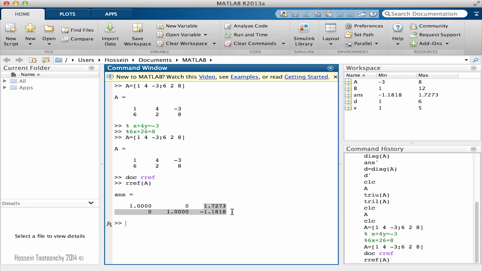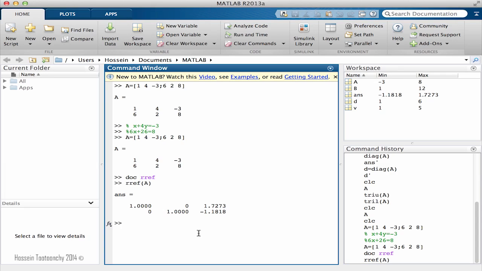The way you can read it is x equals 1.727 and y equals -1.1818. How easy it was. Just by typing one function, we were able to solve the equations.